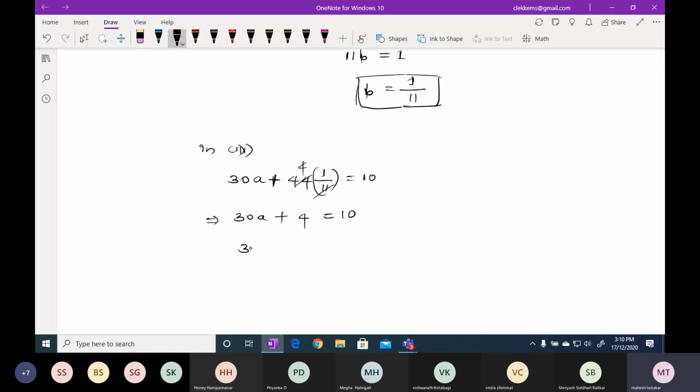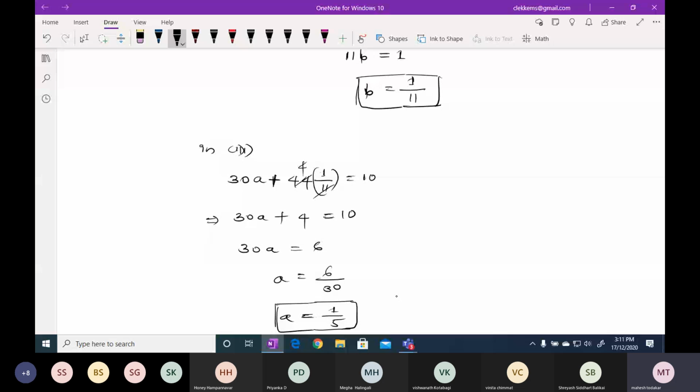Now next, 30a as it is. So it is 6. Now next a is equal to 6 by 30. What is the value of a? 1 by 5. A is equal to 1 by 5.